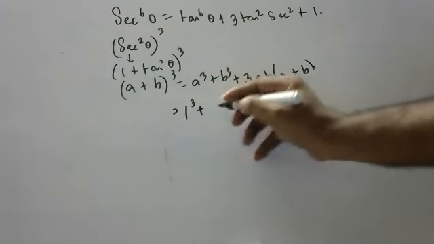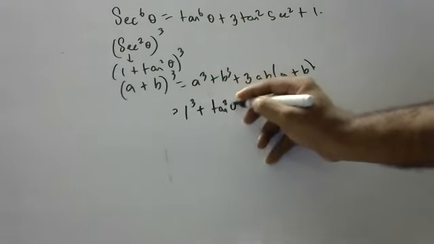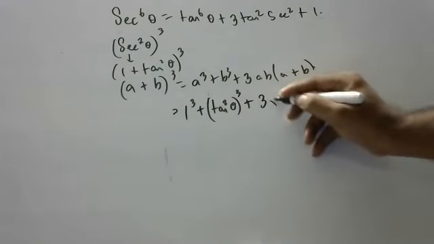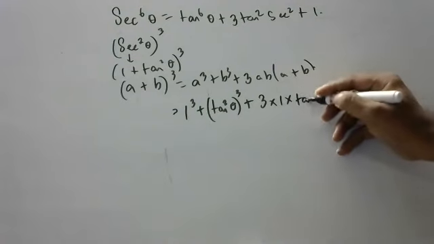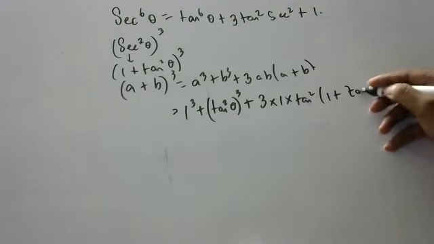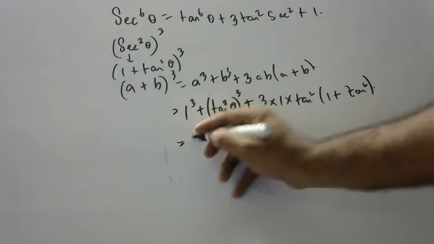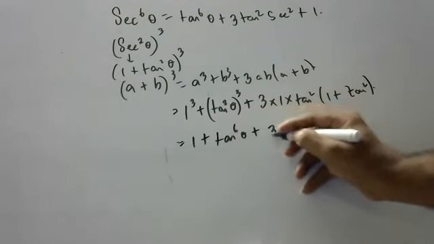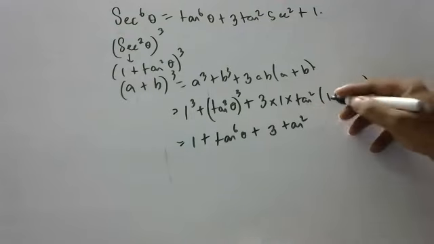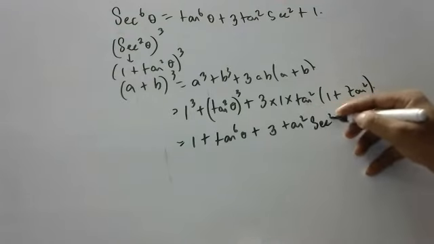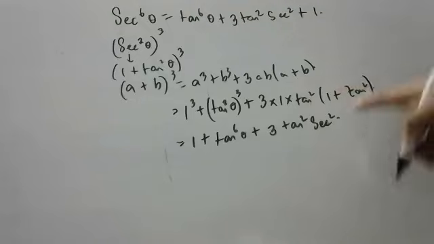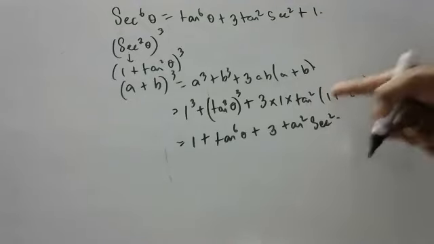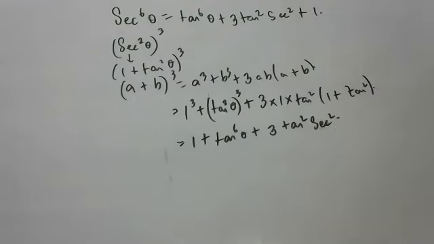So a cube is 1 cube, b cube is tan square theta whole cube, and 3 into 1 into tan square theta into (1 plus tan square theta). That is 1 plus tan 6 theta plus 3 tan square theta into (1 plus tan square theta). 1 plus tan square is secant square. Hence proved. That's it, children.